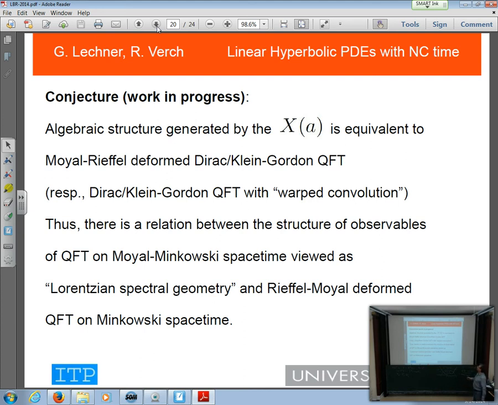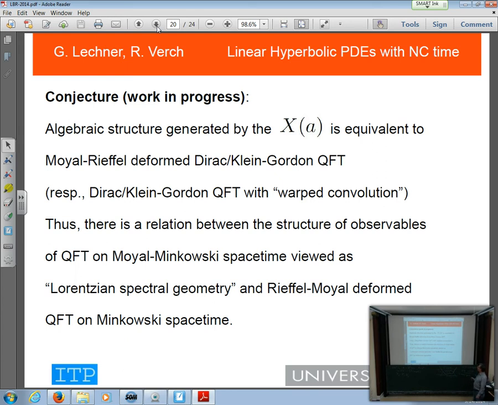So anyway, the algebraic structure generated by the X_A is equivalent to, now I'm saying what we think the result is, that's a conjecture and we're working on it, the Moyal-Rieffel deformed Dirac-Klein-Gordon quantum field operator, or Dirac-Klein-Gordon field with warped convolutions.